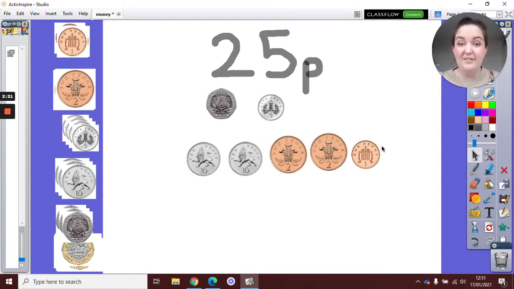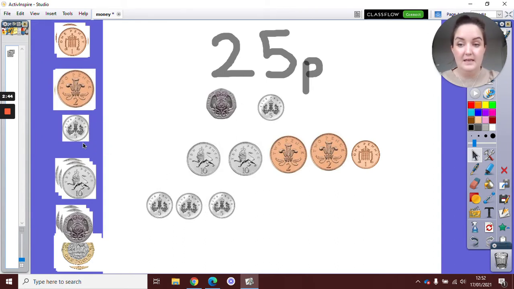But again, if I didn't have any of these coins in my purse, what could I use instead to make 25p? Now let's have a think. What makes 10p? 5 and 5 make 10, but I need to make 20, so 5, 10, counted 5, 15, 20, and now we need to make 5p.